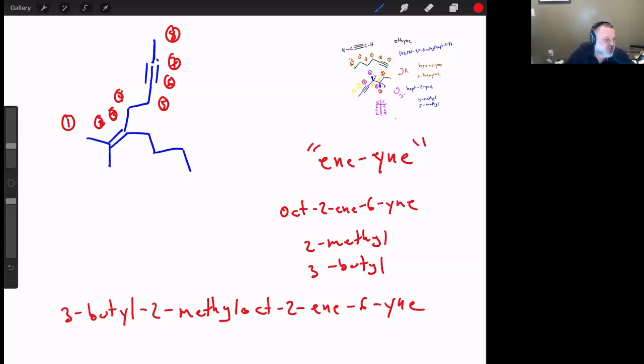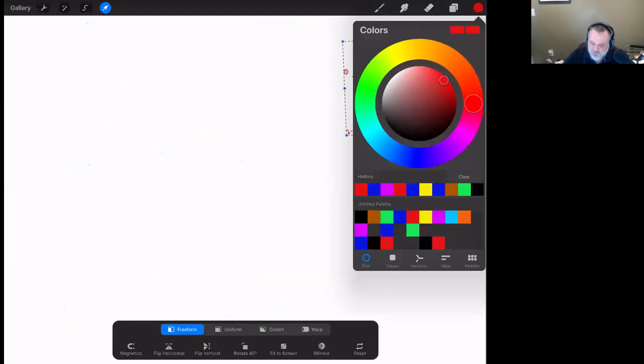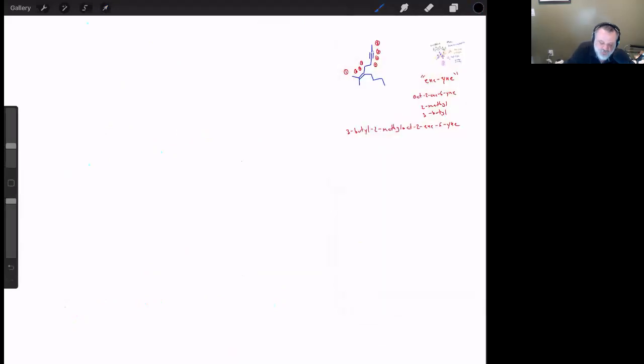Fairly straightforward, I imagine. There is one other level of complication that we can add to it. And I don't actually remember if we did this for double bonds or not.